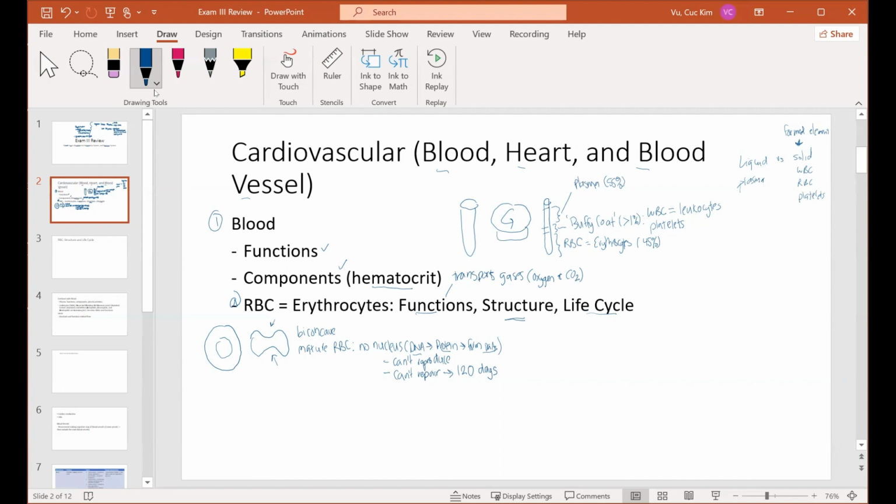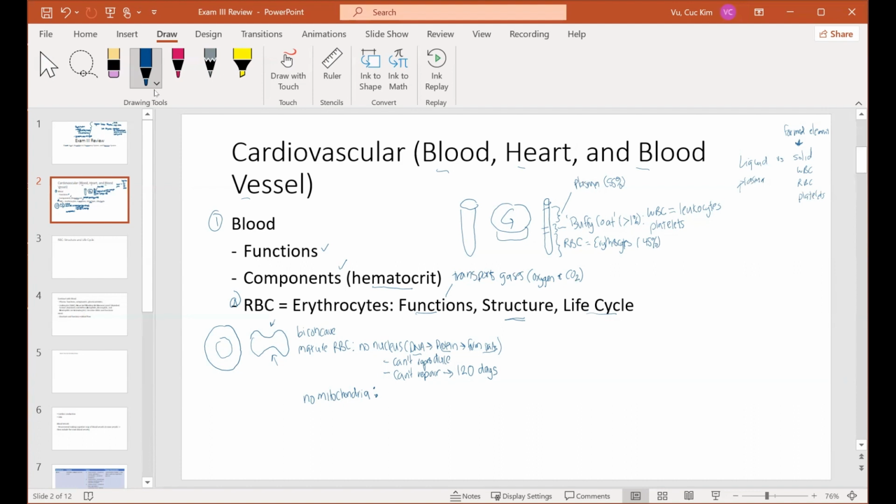Okay. What else you'll find in a red blood cell is that it has no mitochondria. What does mitochondria do? Someone remind me, what's the function of mitochondria?